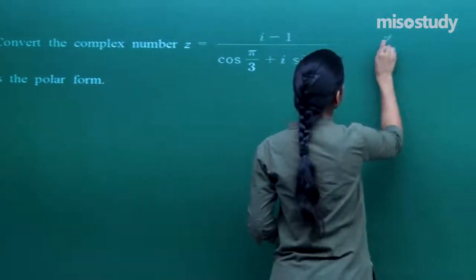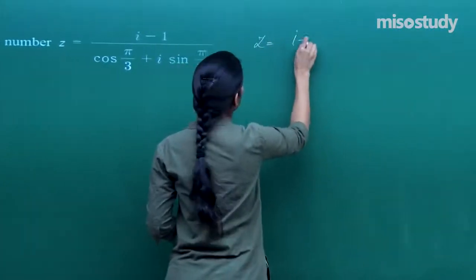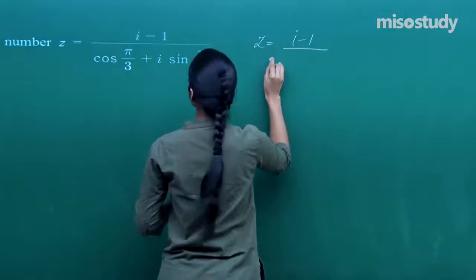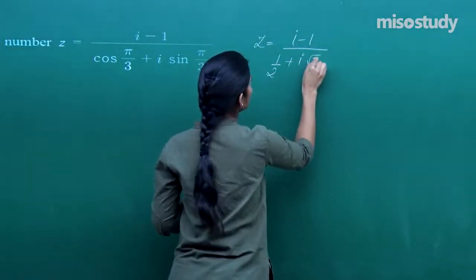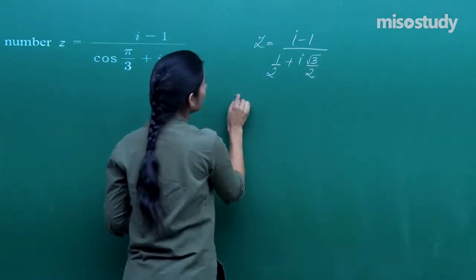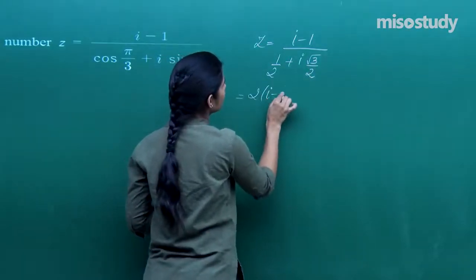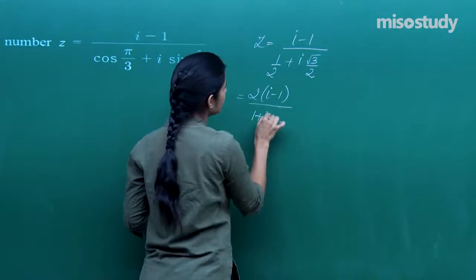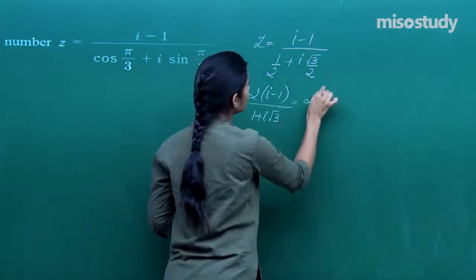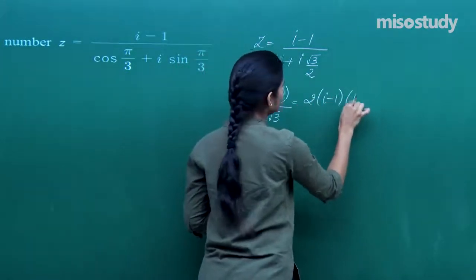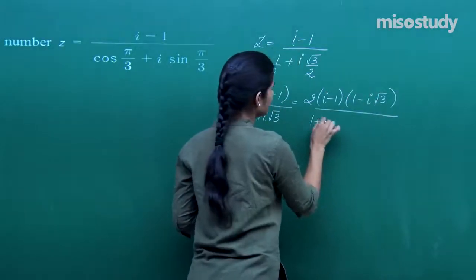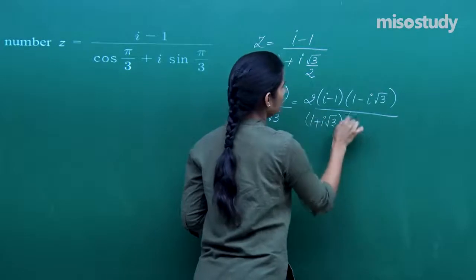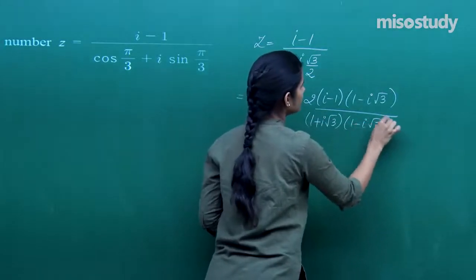So here I am having iota minus 1 upon cos pi by 3, which is 1 by 2, plus iota times root 3 by 2. 2 goes above, you have iota minus 1 upon 1 plus iota root 3. Again I am going to do the same thing, multiply and divide by the conjugate of the denominator. This is 1 plus iota root 3, 1 minus iota root 3.